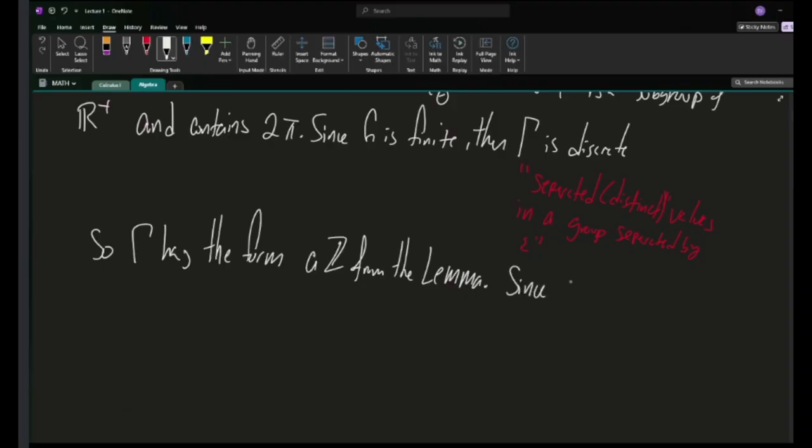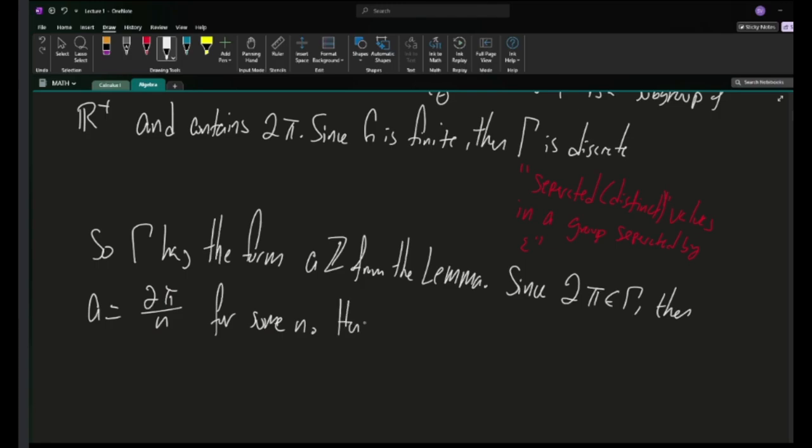Since 2 pi is in gamma, recall that since G is finite, we have in fact A is equal to 2 pi over n, where n is the order of the group itself. Hence, G is equal to Cn.